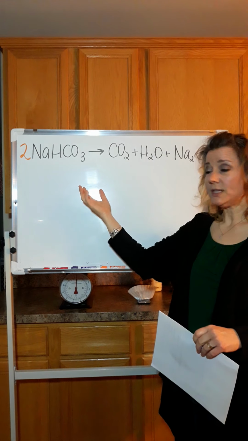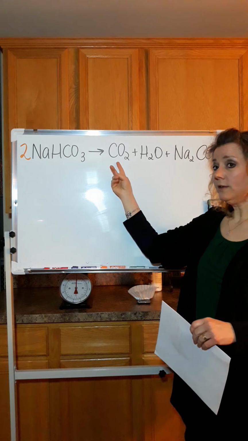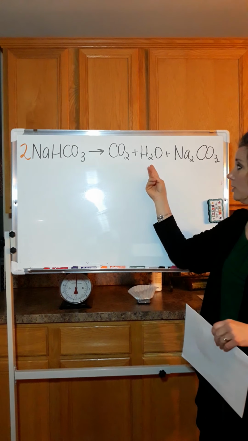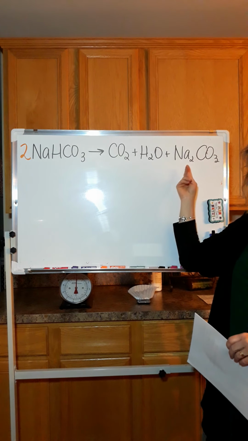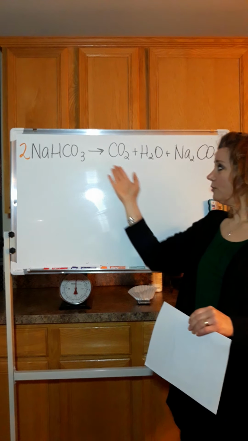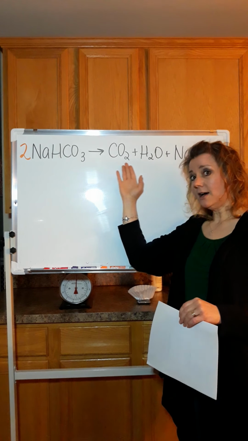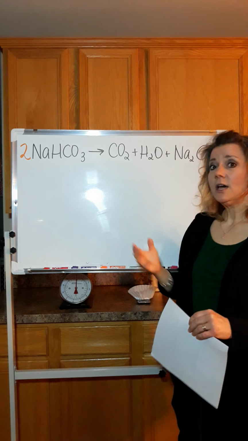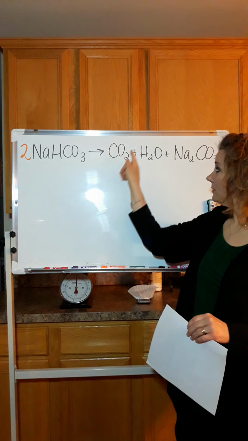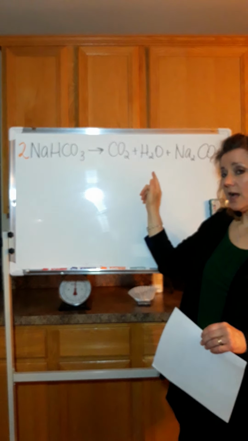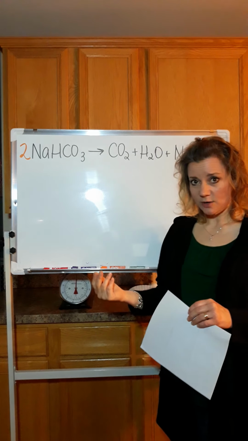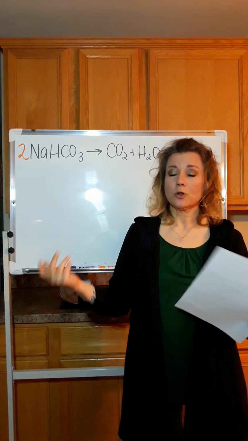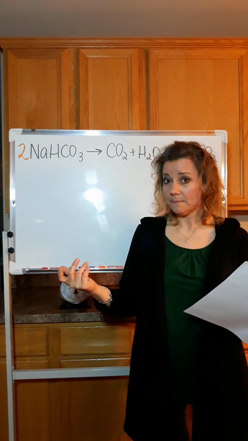When it decomposes, it yields 1 mole of carbon dioxide, 1 mole of water, and 1 mole of sodium carbonate. And I know that I only have 1 mole of each product because I do not have a coefficient in front of the compound. So in chemistry, we just assume that our coefficient is 1.